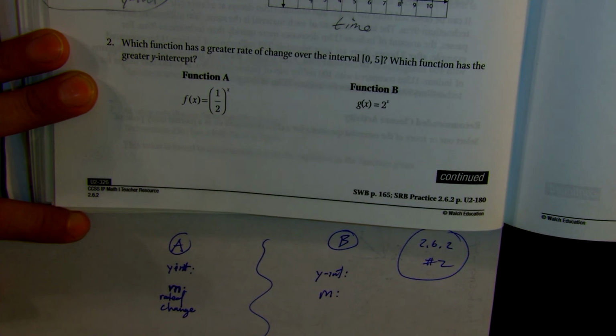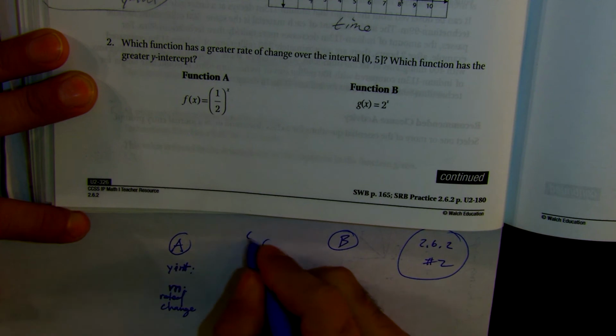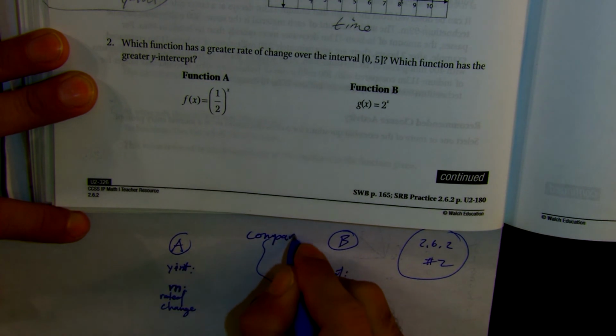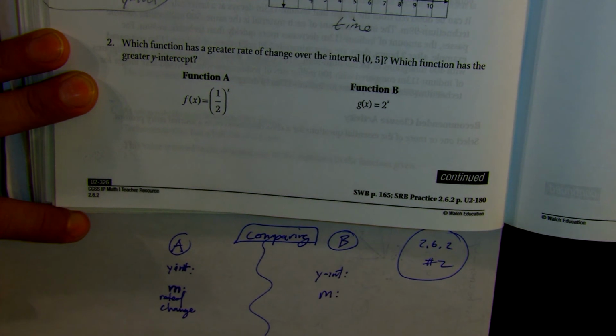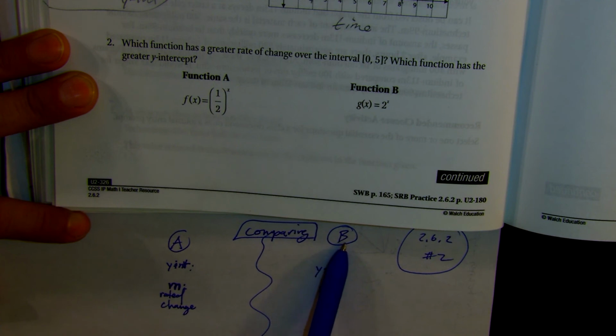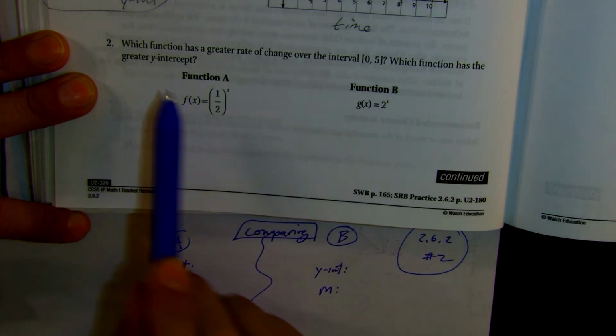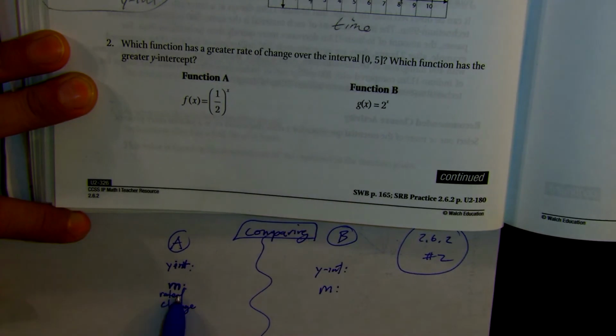Okay, here we go. Now, remember, we're comparing these, right? The things that are in common or that we can measure for both of them are the y-intercepts for A and B, given here, and also the slope, the rate of change. The rate of change is how we're speaking about slope in this case.